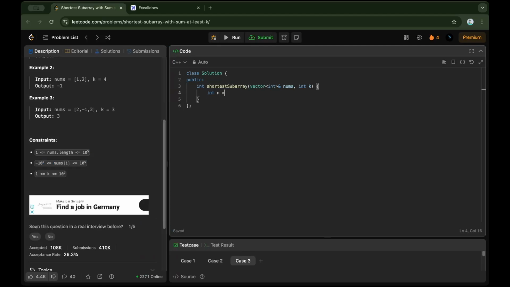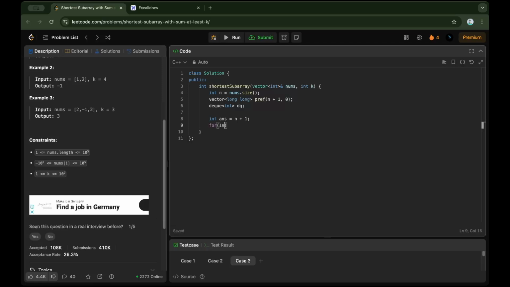So first we'll extract the size of the array. We'll create a prefix array, make sure to make it long because the sum might exceed the integer bound. Then I'll make a deque and check on the maximum, n plus 1.